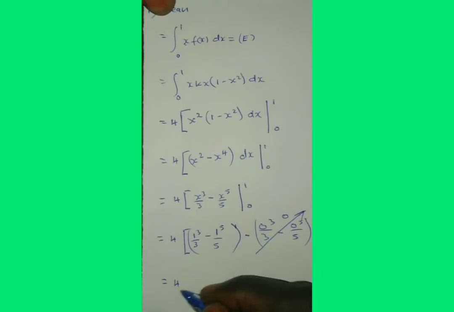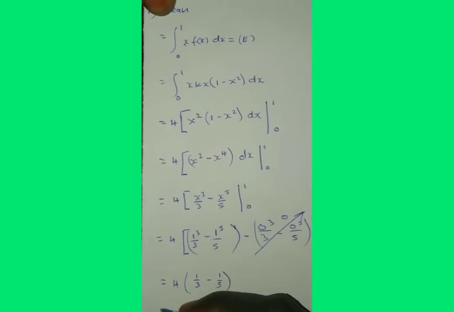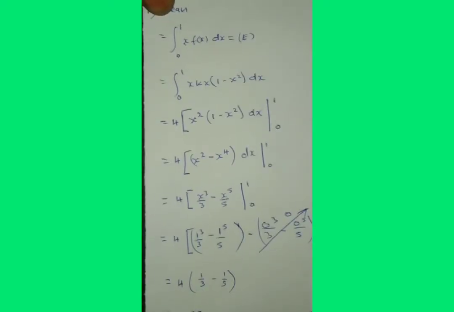So I'll remain with 4 into a third minus 1 over 5. So this gives us our mean to be 0.53. That is the mean.